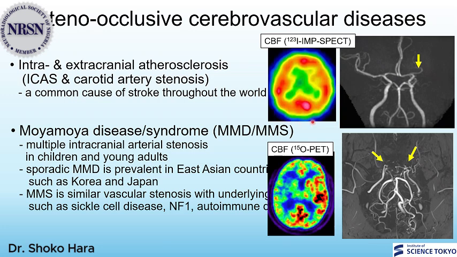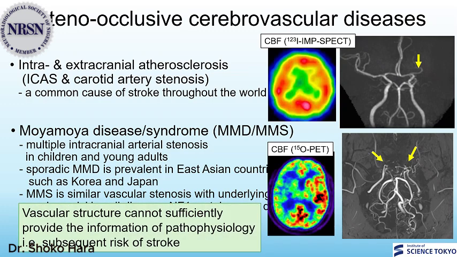In contrast, the patient with moyamoya disease shown below has nearly symmetric vascular stenosis, yet shows marked asymmetry in CBF. Vascular structure alone is never sufficient to understand an individual pathophysiology of each patient or their subsequent risk of stroke. So, we must always consider hemodynamic status in addition to vascular morphology.